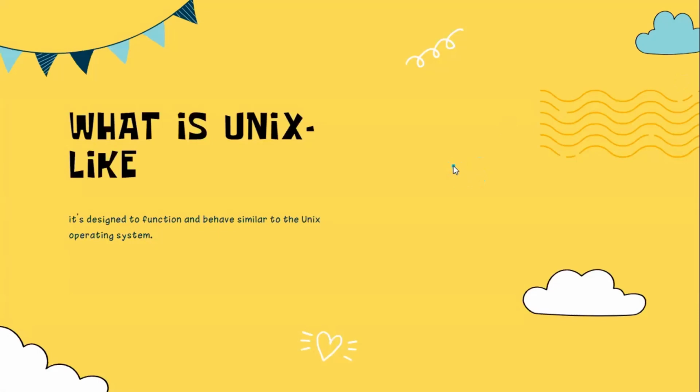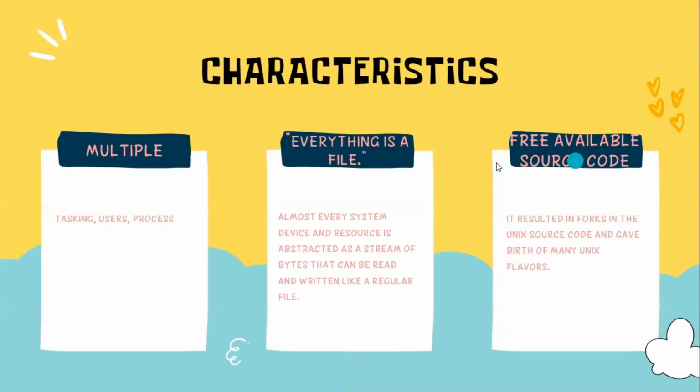An operating system is said to be Unix-based or Unix-like when it's designed to function and behave similarly to the Unix operating system. Some of the most important characteristics of Unix systems are that all Unix-like operating systems support multiple users, strict segregation between kernel and user processes, preemptive multitasking, and a hierarchical file system.